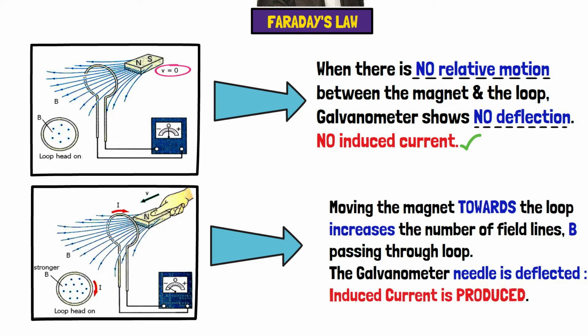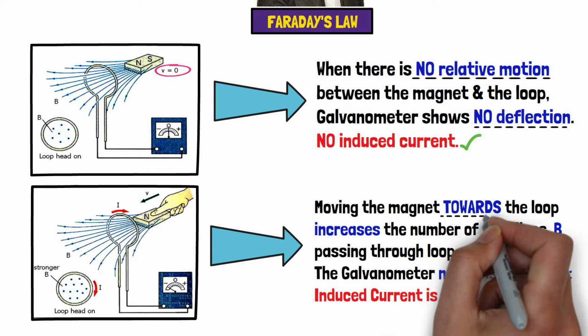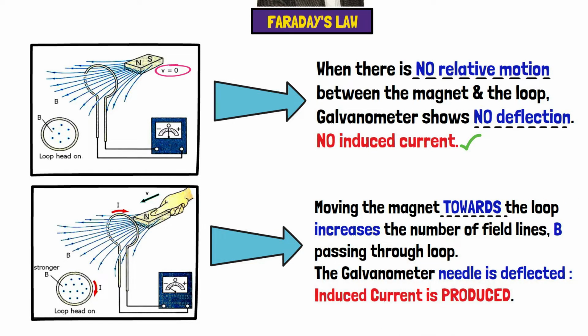So, by moving the magnet towards the loop, apabila magnet itu mendekati loop tersebut, sebenarnya ia telah menyebabkan peningkatan pada number of field lines B that pass through the loop. Okay, so kita boleh nampak dekat sini when the bar magnet is moving towards the loop, that means the number of field lines B that pass through the loop will also increase.